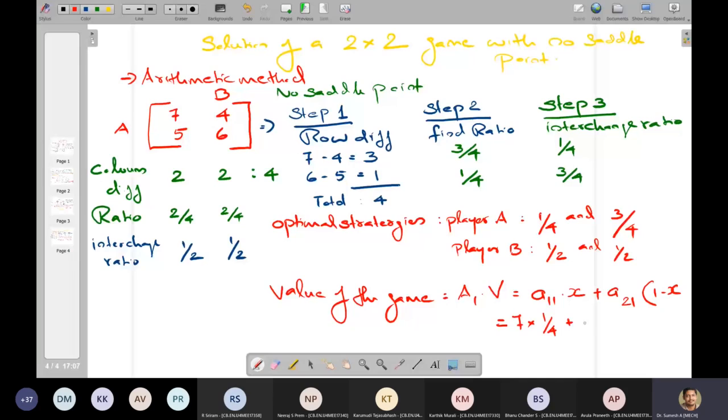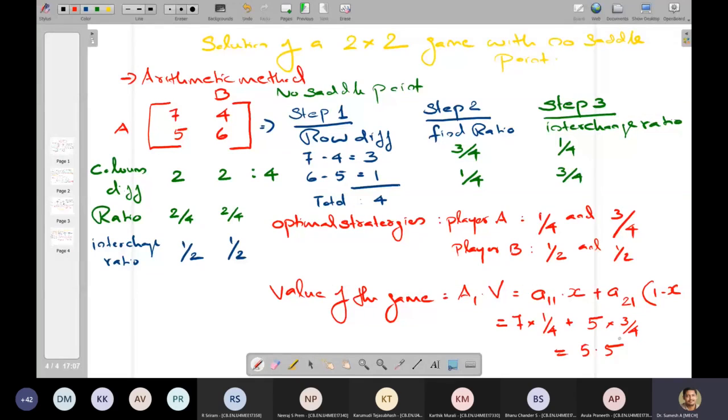So 5 into the ratio, 3/4, or you can see it as 1 minus 1 by 4. The value of the game will be 5.5. That is how we are finding the value of the game, calculating the expected value of the payoff.